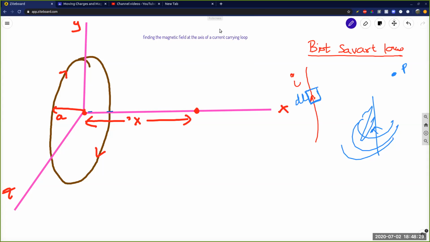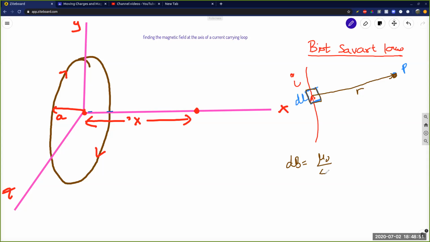So the Biot-Savart law says that for a current element dl at a distance r from the point P, the magnetic field at this point, dB, is mu naught by 4 pi, I dl cross r by r cube.